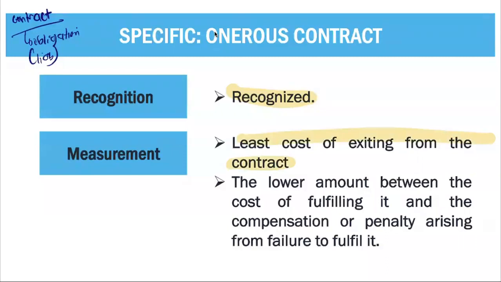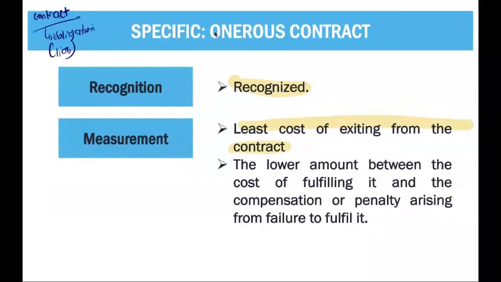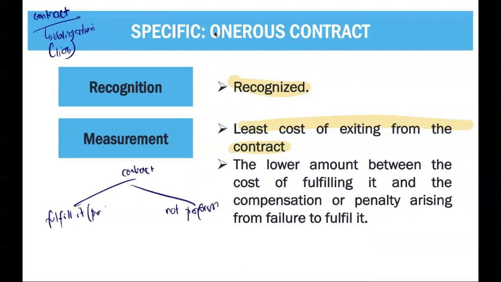What is that least cost of exiting from the contract? So since you have here a contract, you will either fulfill it or you will not perform it. Okay? So you will either fulfill it or perform the contract, or you will not perform it. So if you will fulfill it, we have your cost of performance or cost of fulfillment.